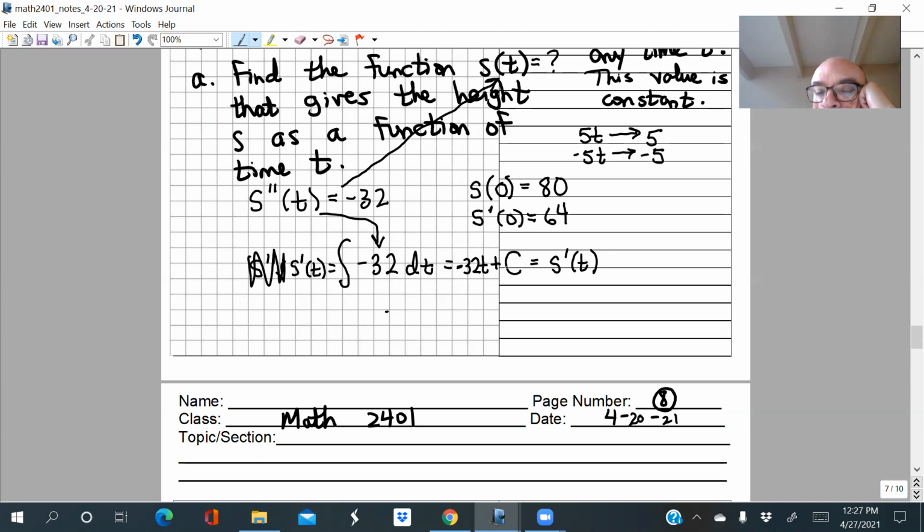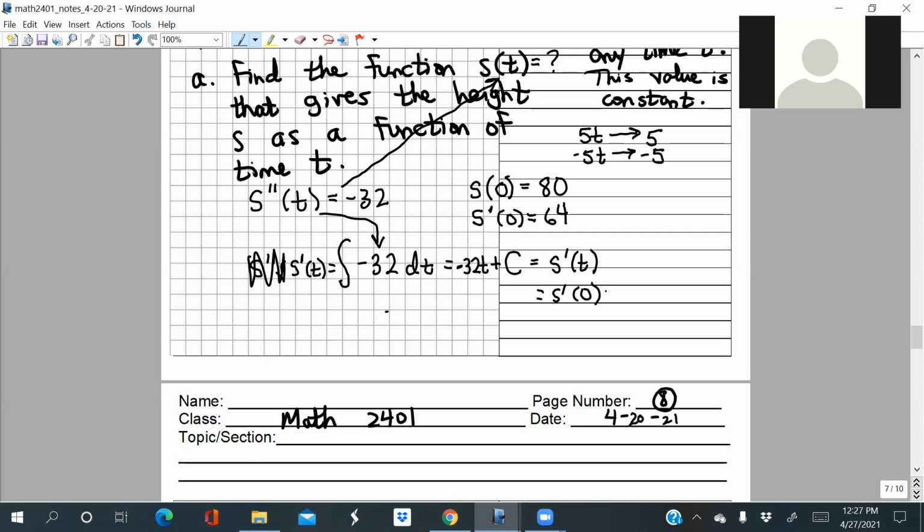So I've got to figure out what that constant really is in this case. Now that I think I can figure out, because I know s prime of 0. Van told us this a moment ago. What's s prime of 0? I have it up here, right? What's that?